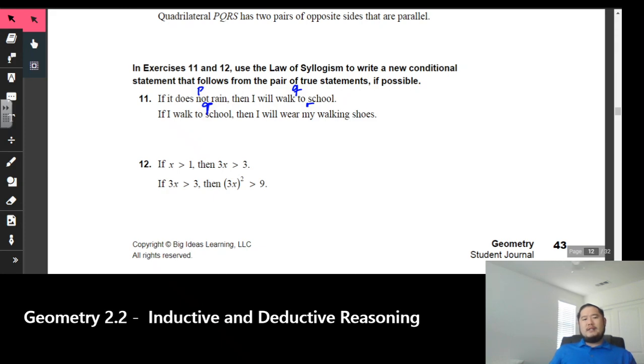So once again, if it does not rain, then I will walk to school. If I walk to school, then I will wear walking shoes. We make the connection right here at the end, and then we go to P, remember, implying R. And so what I can say right here is this: if it does not rain, then I will wear my walking shoes.